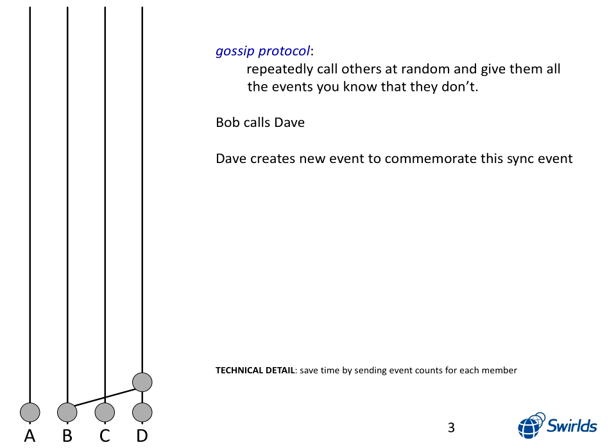And this is commemorating the fact that Bob told Dave everything he knows. Of course, at this point, everything he knows is just one event. And that's what we're gossiping, is the events themselves. So Bob called Dave and told him one event, and Dave said, "Thank you. I will remember forever that you called me and gave me that one event, and I'm creating this new event to show it."